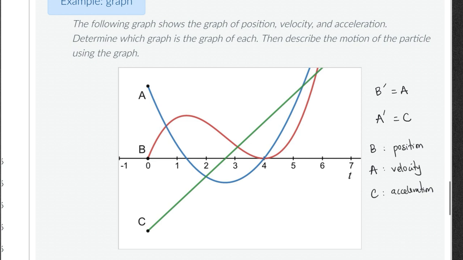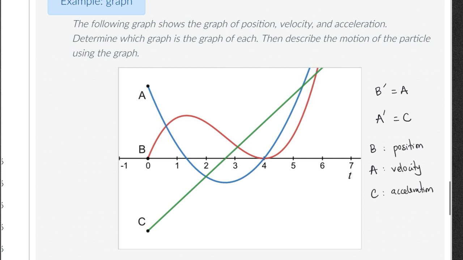From the graph of the velocity, we see that the particle is moving forward, and then the particle moves backward, and then forward. And then from the graph of the acceleration, we see that the particle accelerates from 2 point something on to infinity because the acceleration is positive.